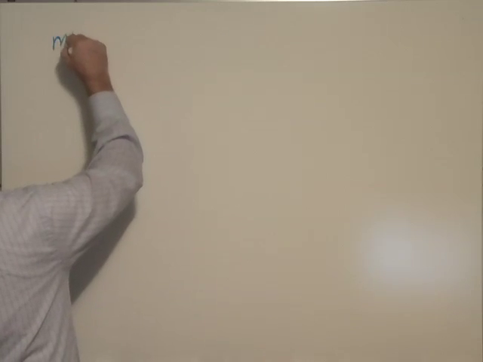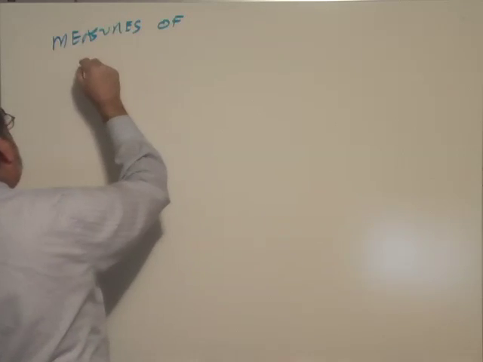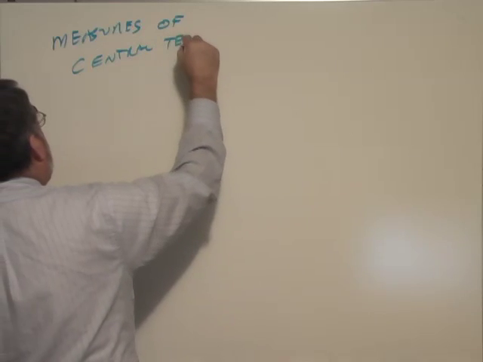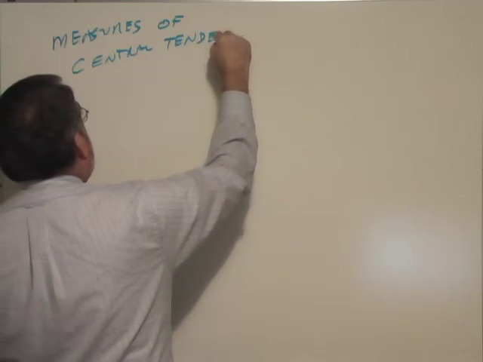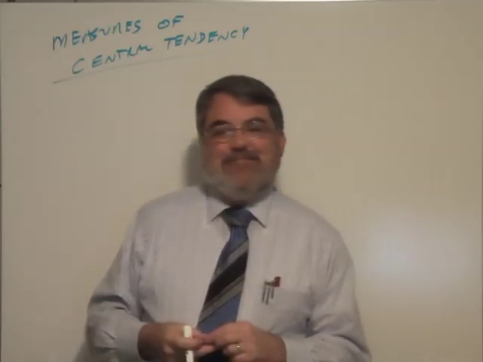The first one I call the measure of central tendency. So we have measures of central tendency. And by this, I'm talking about what is the middle of the data, or what is the center of the data.